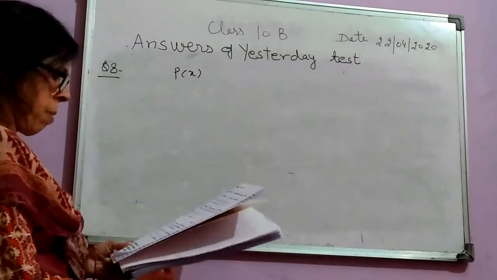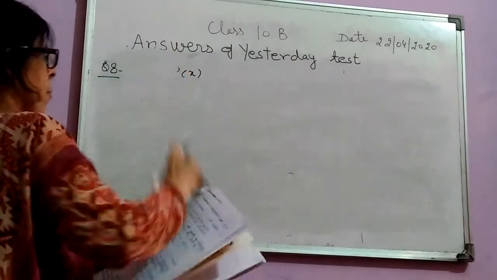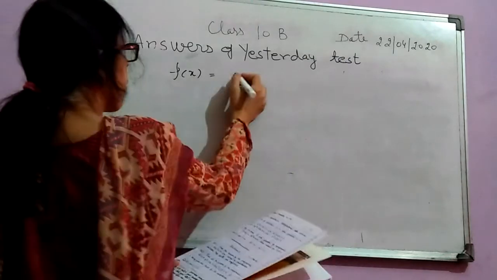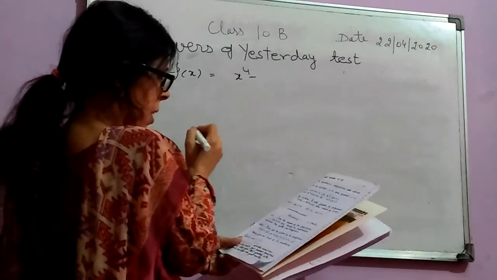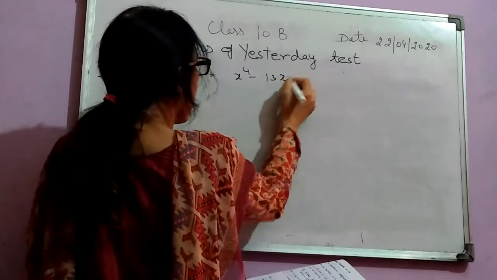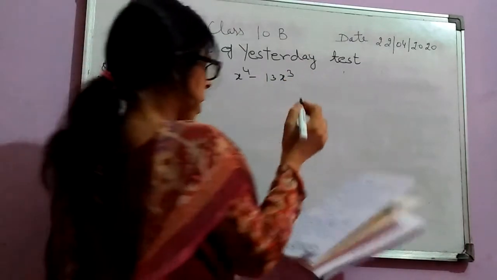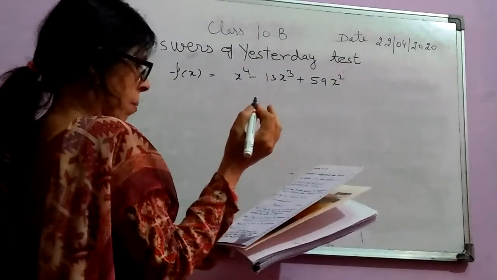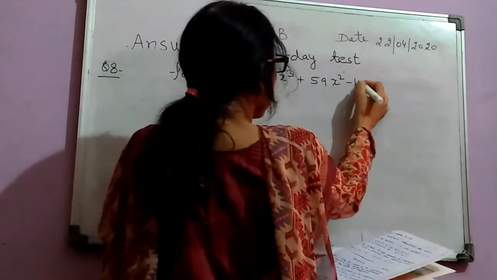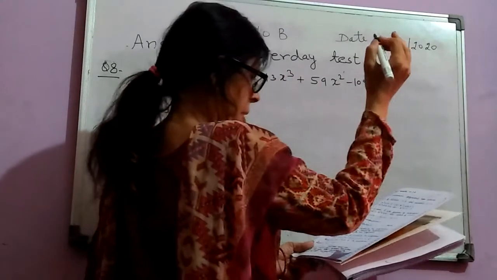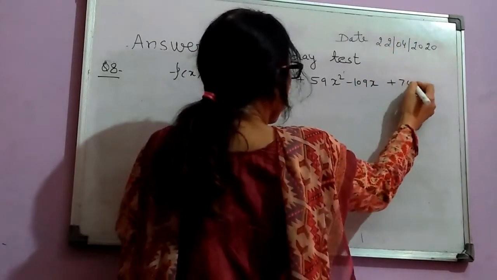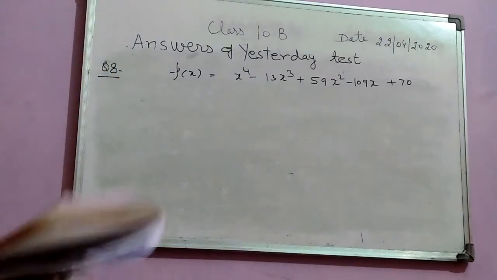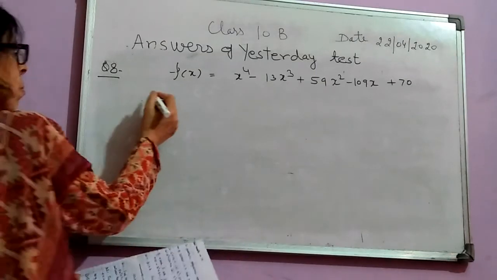In the question I am writing f(x), so you will write f(x): x raised to power 4 minus 13x cube plus 59x square minus 109x plus 70. So it is a polynomial of degree 4, that means it has 4 zeros, but out of 4 you are given 2 zeros.